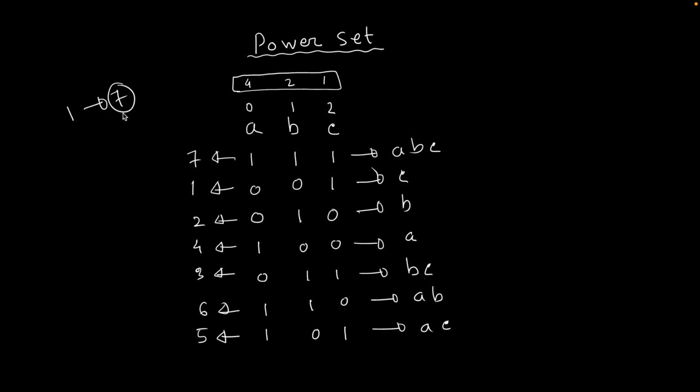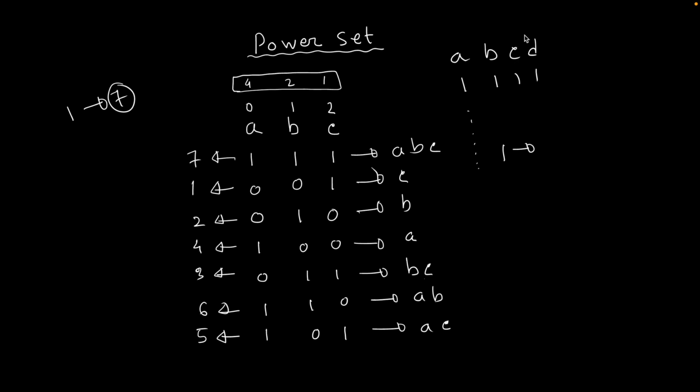Now if we have A, B, C, D, we will have the combination of binary numbers with these 4 positions. If we try to find that out, we will have numbers from 1 to 15.